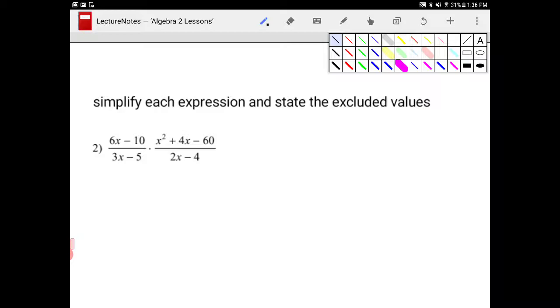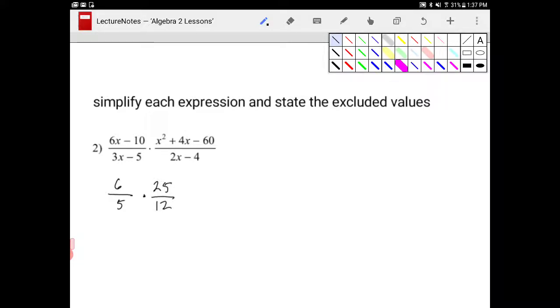I noticed that in this question I have two fractions being multiplied by one another. What you need to understand is that even though it looks very abstract, it is no different from multiplying fractions that you are familiar with. Take for instance 6 over 5 times 25 over 12.